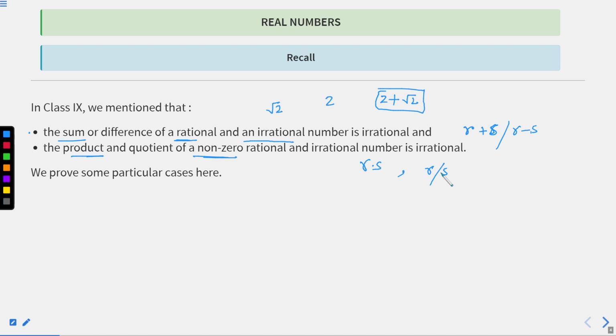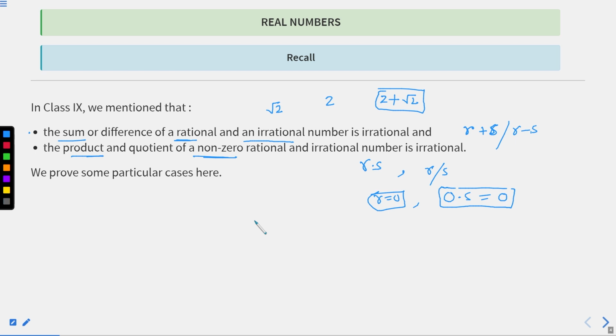Now, if we take the rational number to be zero, if we take r equal to 0, then 0 times s is equal to 0, and 0 is a rational number because 0 can be written as 0 over 1, 0 over 2. That is, 0 can be expressed as a fraction a over b, where b is not equal to 0.